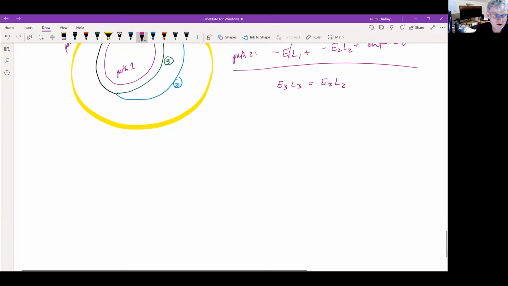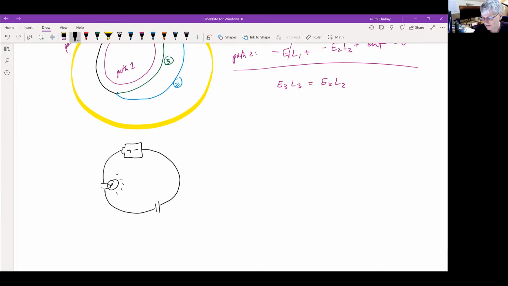And so there are various kinds of reasoning we can do with this, and it applies to any circuit. So we could have all kinds of things in the circuit: a light bulb and a capacitor and a wire, and it doesn't matter. So we have 1, 2, 3 wires, and so delta V round trip equals 0 equals minus E1 L1 minus the electric field in the bulb times the length of the filament minus E2 L2 plus whatever the potential difference is across the capacitor.